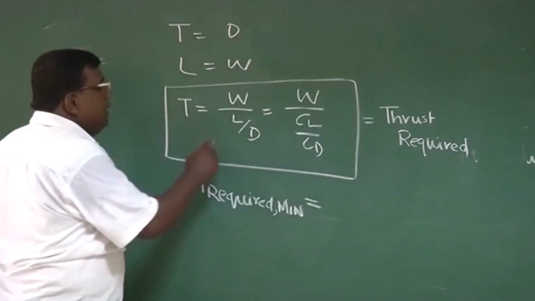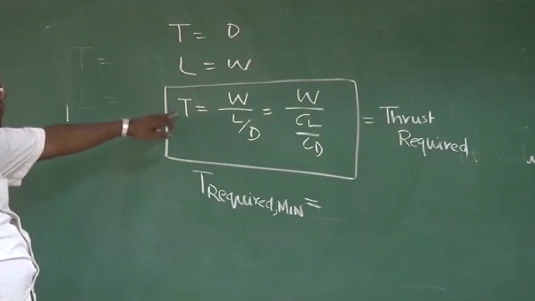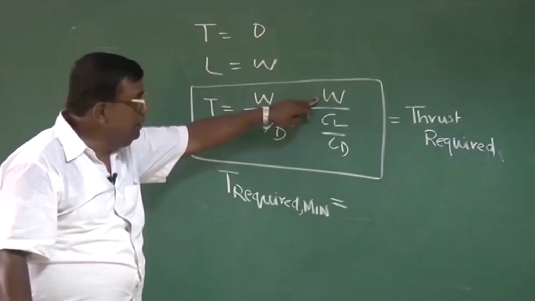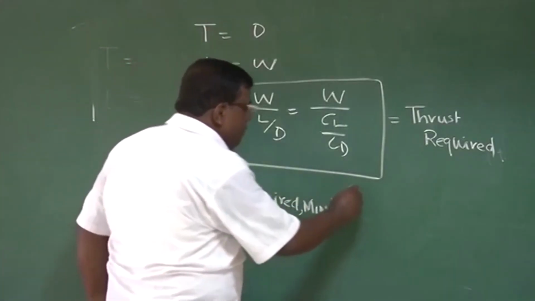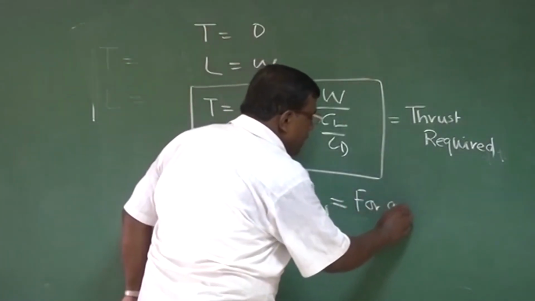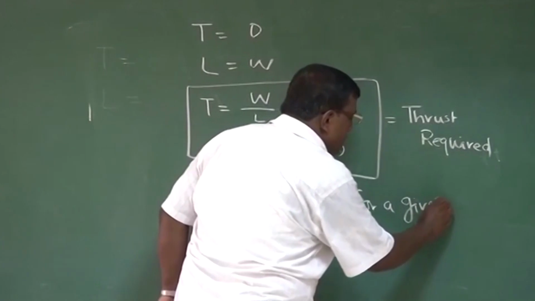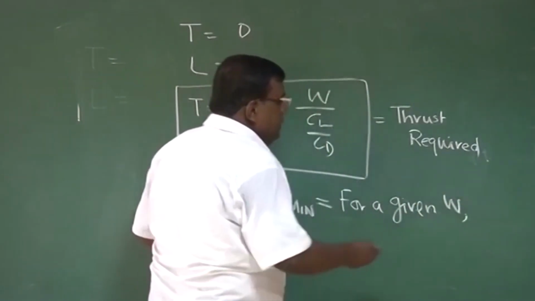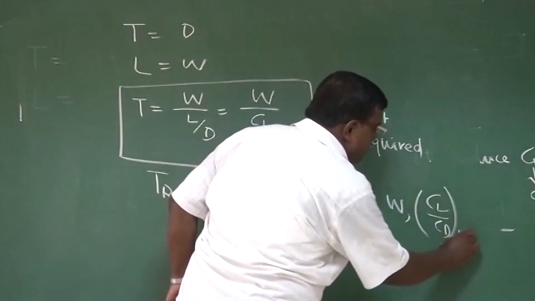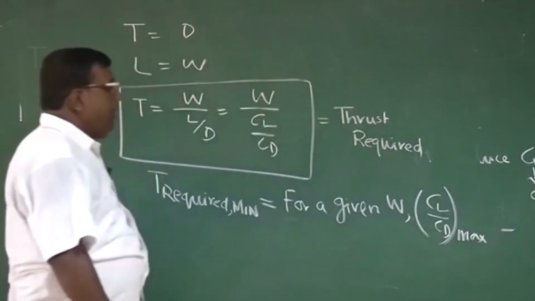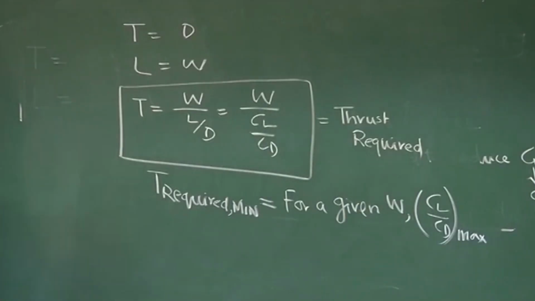And if I see here, what does it mean? It means for a given weight, CL by CD should be maximum, right? Now, what is the meaning of CL by CD to be maximum?